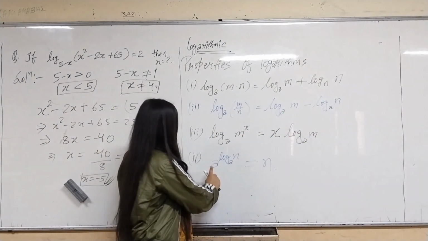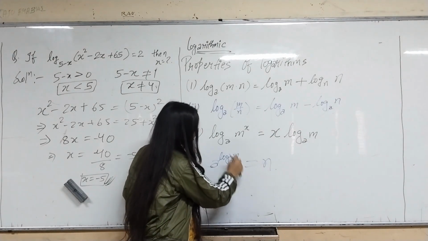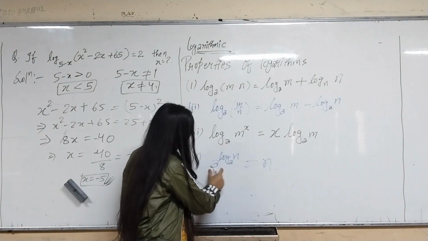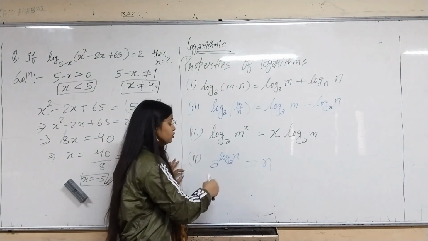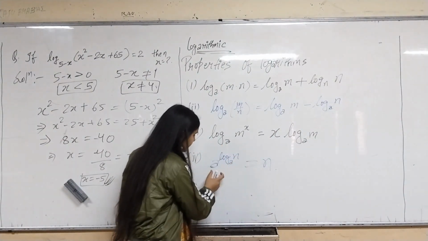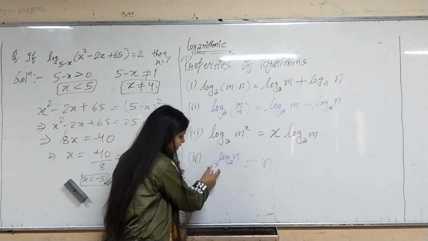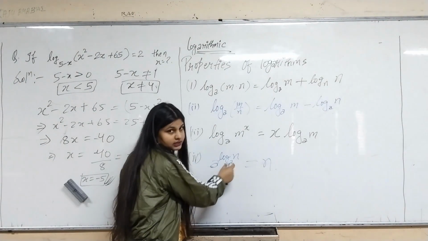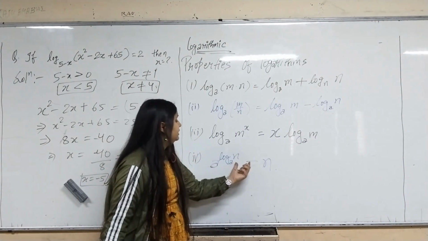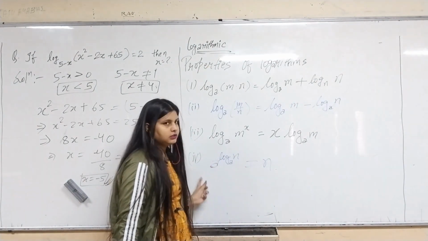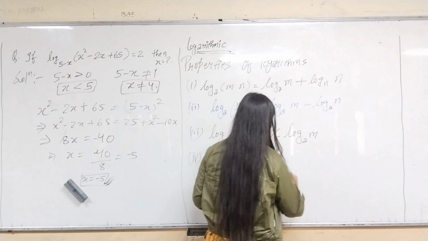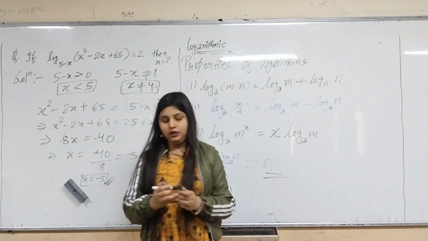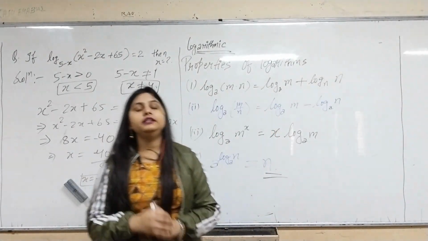And the most interesting, a to the power log n with base a. Since this base and this base are the same, this quantity equals n. These things are going to help you in many ways to solve questions. Okay, that's it for now.